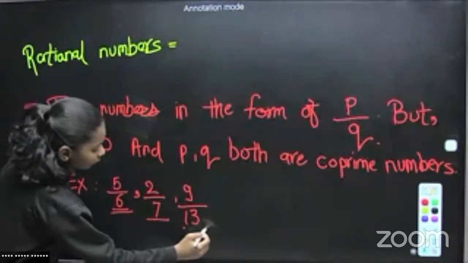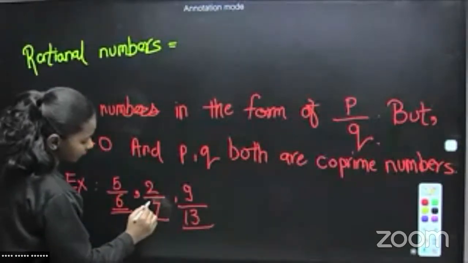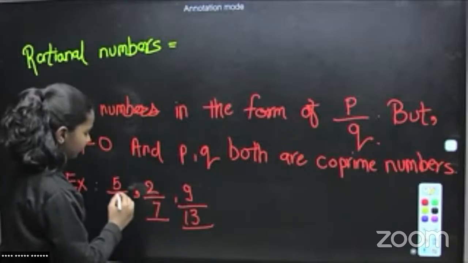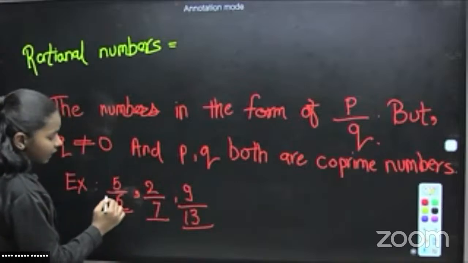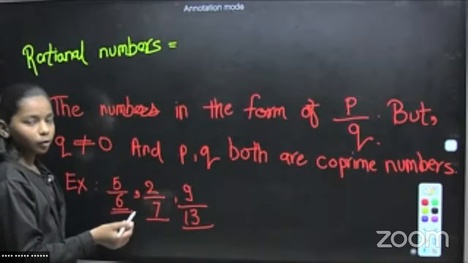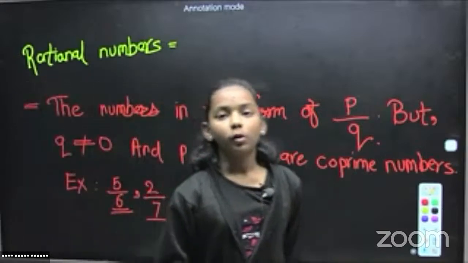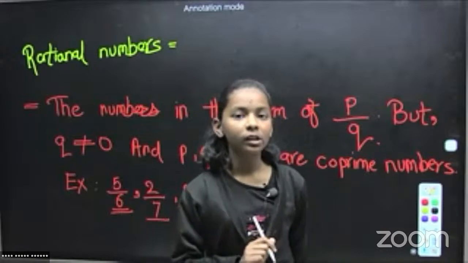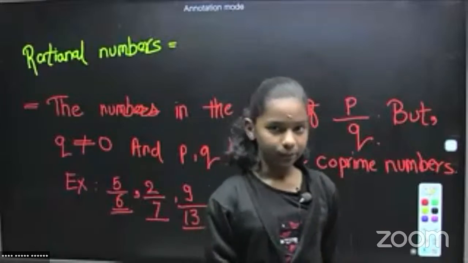In these three, Q is not 0, it's 6, 7, 13. And 5, 6 are co-prime, 2 and 7 are co-prime, 9 and 13 are co-prime. So this is called rational numbers. Firstly, write this definition in your copy with neat and clean handwriting.